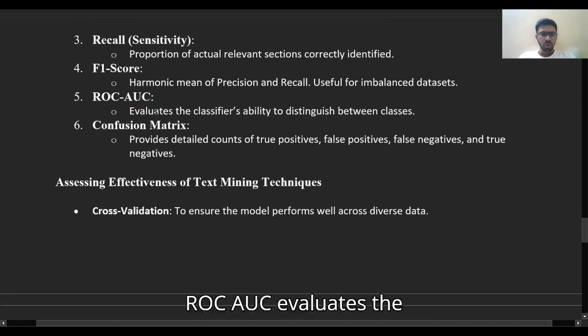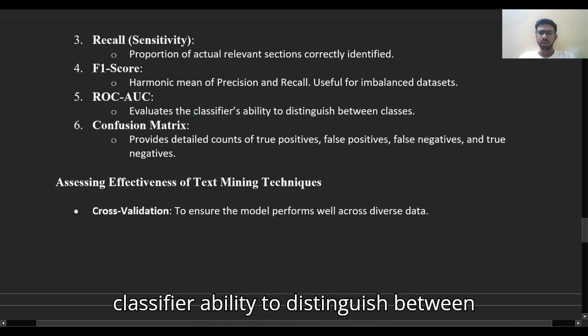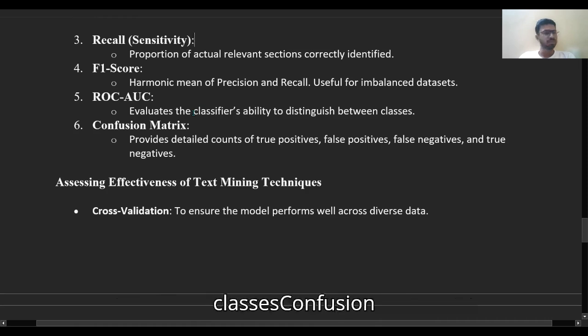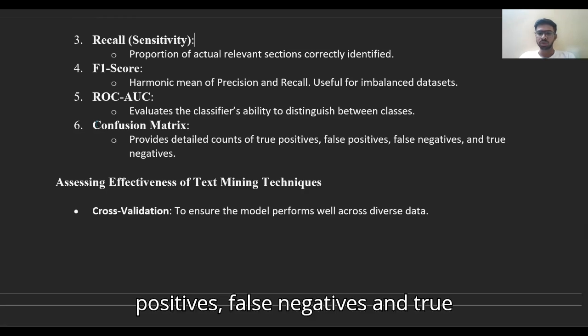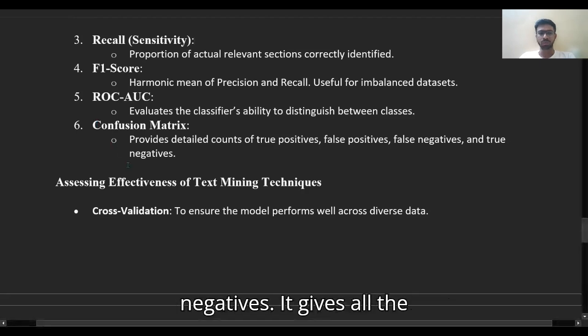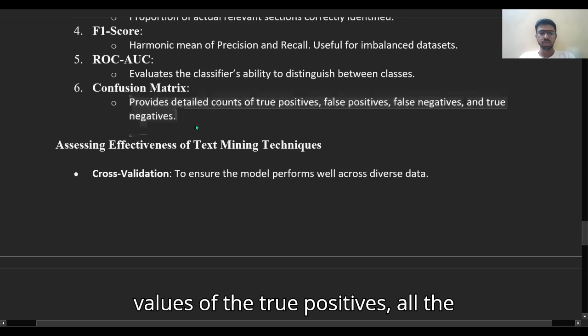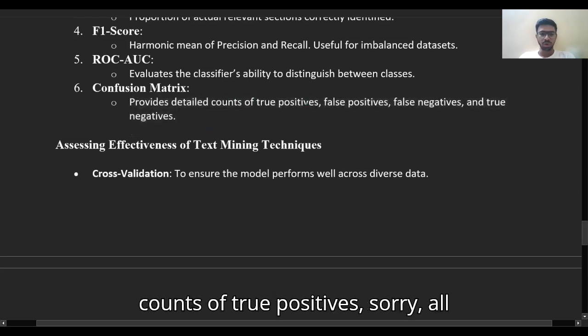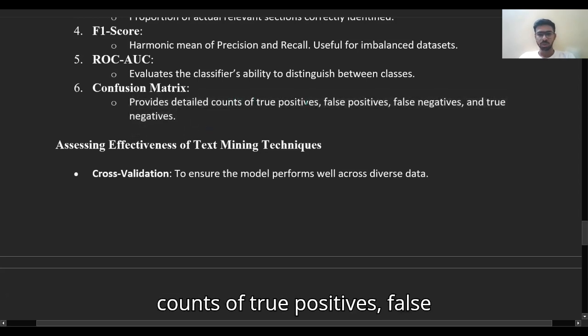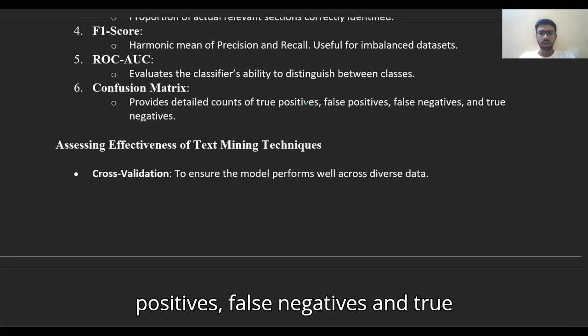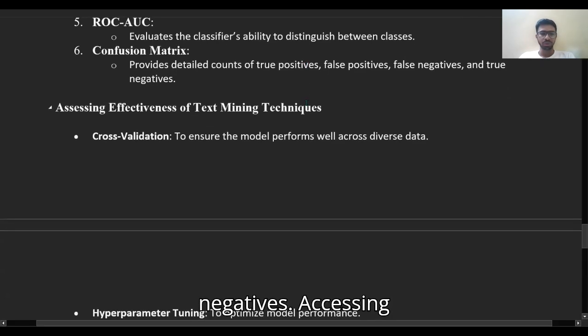ROC AUC evaluates the classifier's ability to distinguish between classes. Confusion matrix provides a detailed count of true positives, false positives, false negatives, and true negatives.